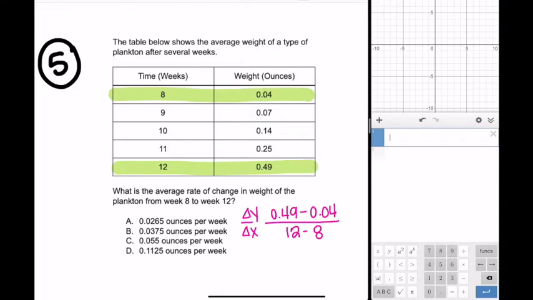All right, in Desmos, 0.49 minus 0.04. All right, that gives us 0.45.